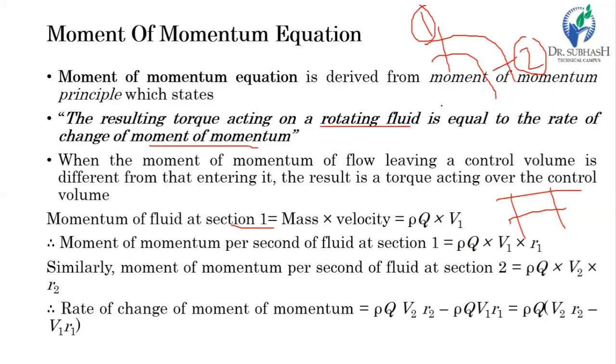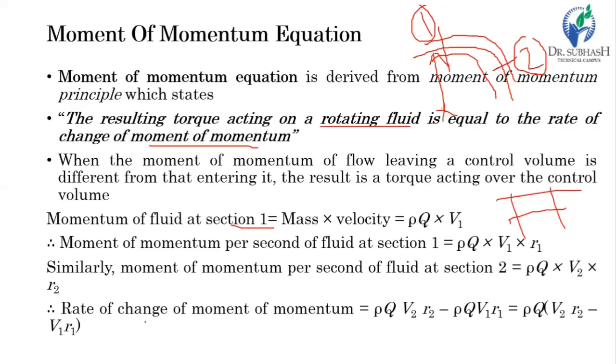R1 is nothing but the radius about which it is rotating. Let's suppose it is the center line and it is rotating about this center, then the distance from this center is called the radius. So it is r1, and for section 2 it is r2 and v2, and all the respective values are that.